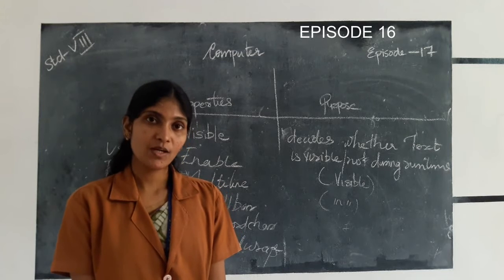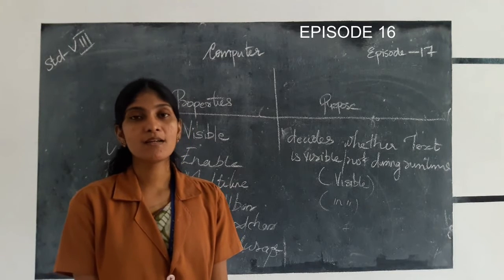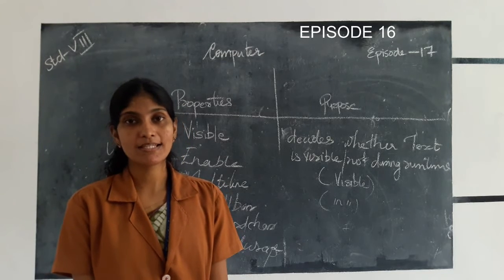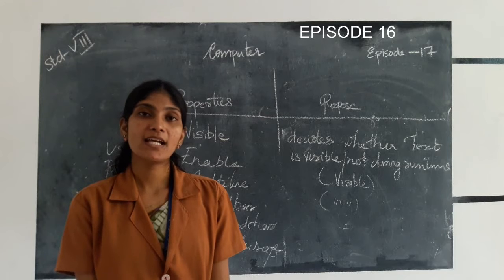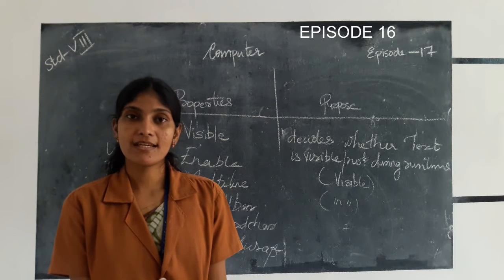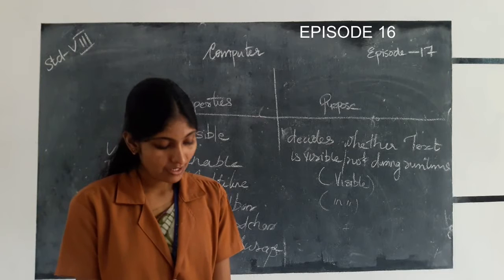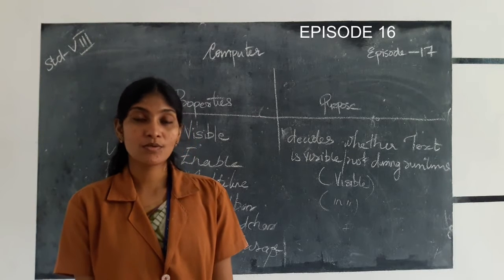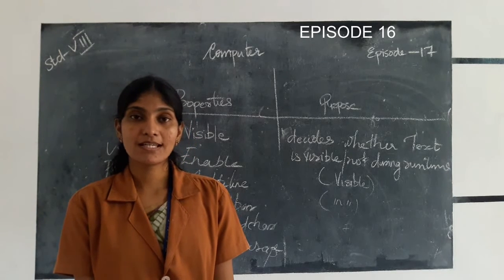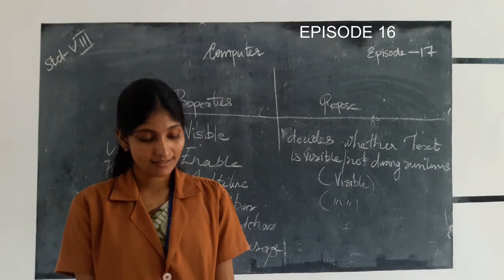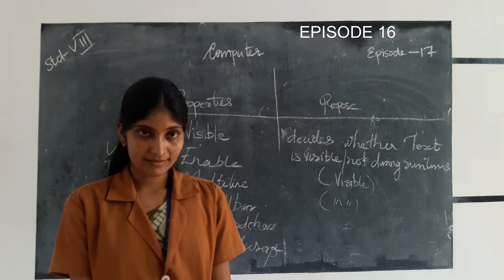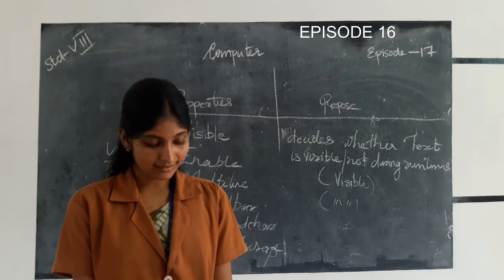Then multi-line, we know single line property is to type text continuously in a single line. Multi-line means if you press the enter key, then a new line appears and you can enter the next line. Then scroll bar, which is used to view the text which is more than can be accommodated in the text box.